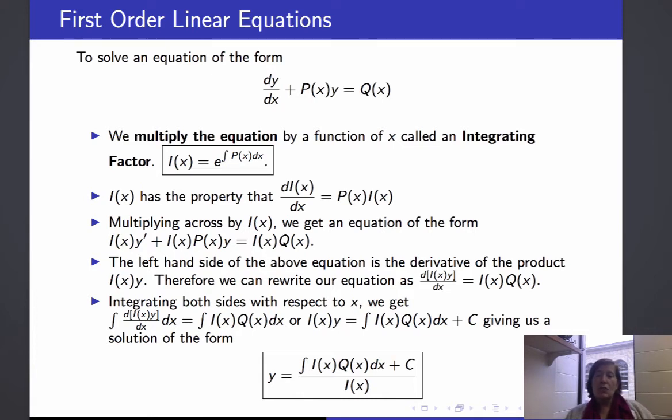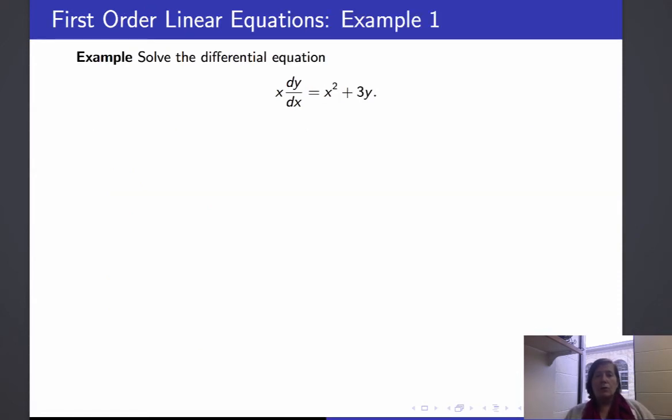Bringing the c across and dividing across by I of x, we've solved for y: y is the integral of I of x times q of x dx plus c, over I of x. Now, rather than remembering that formula, you should remember how to carry out this process, how to find the integrating factor and how to solve the equation.